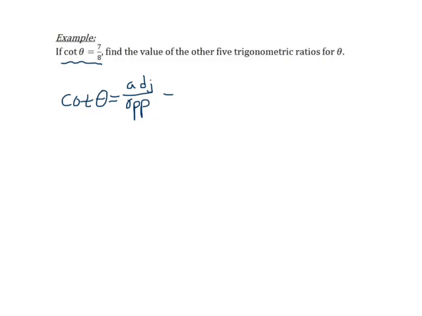So that means that our ratio of 7/8 tells us something about our triangle. It's useful to draw this triangle. We have our angle theta, and this is telling us that the adjacent leg is 7 and the opposite leg is 8. I didn't draw this very well to scale, but it's just a model, so that'll be okay.